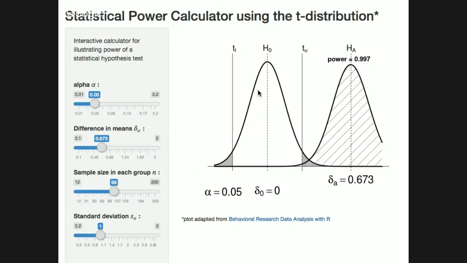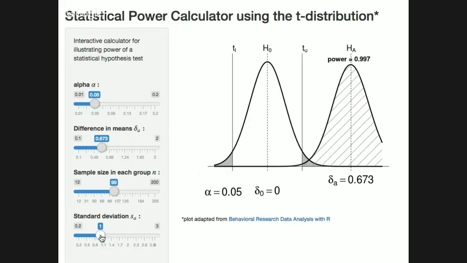This rescales so that it doesn't actually look narrower, but it is. Because they're both narrower, the probability of getting a statistic in the rejection region increases. So going up to n equals 99, power is now up to 0.997.